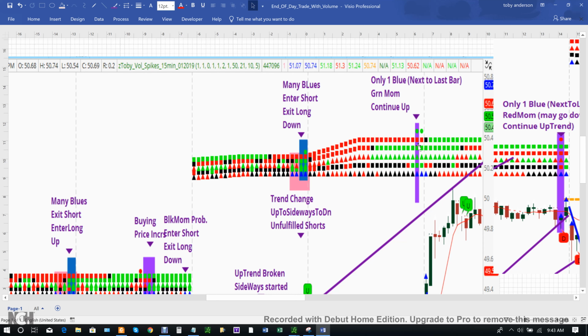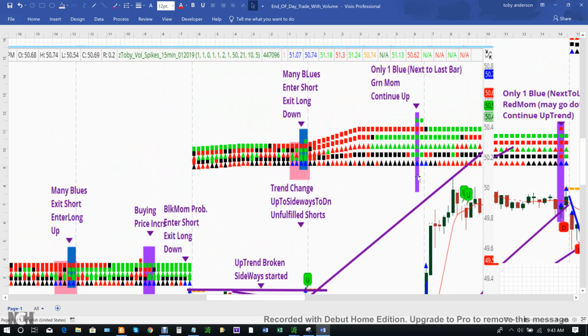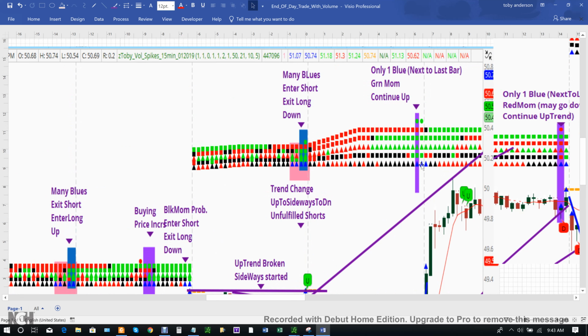We're keying on the next to the last bar because when you're on the very last bar and time is closing up, the candle is going up and down, it won't be finished. The triangle might start out red, then go to black, then blue. So you have to wait for the candle to finish. You have to look at the next to the last bar of the day, and it's a blue candle.